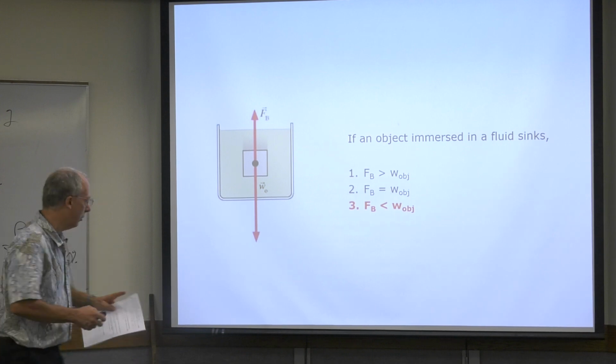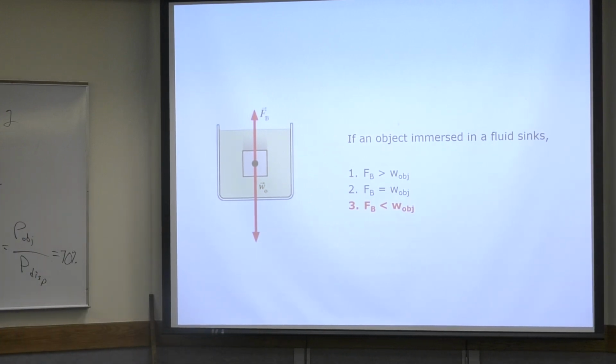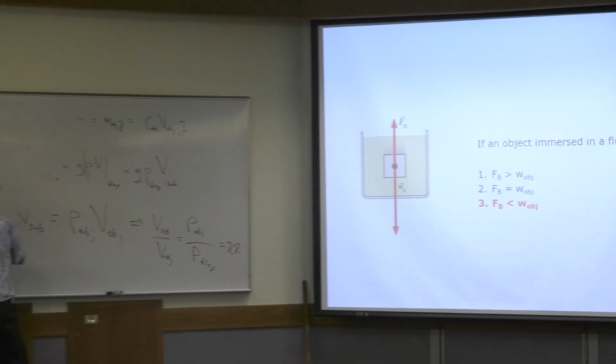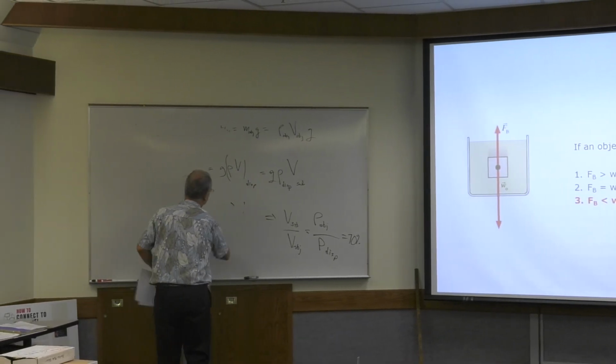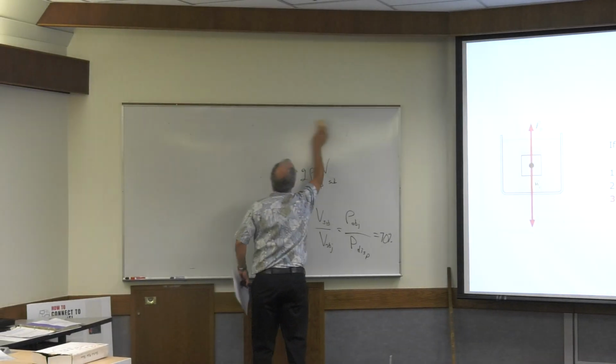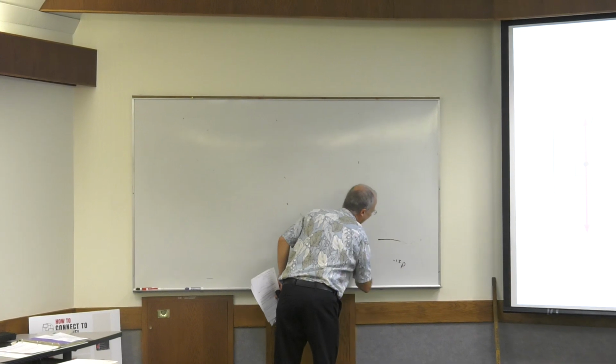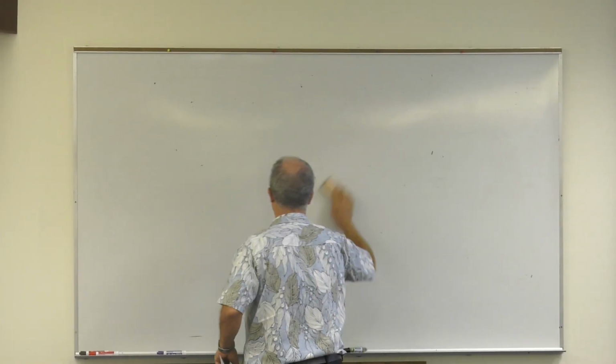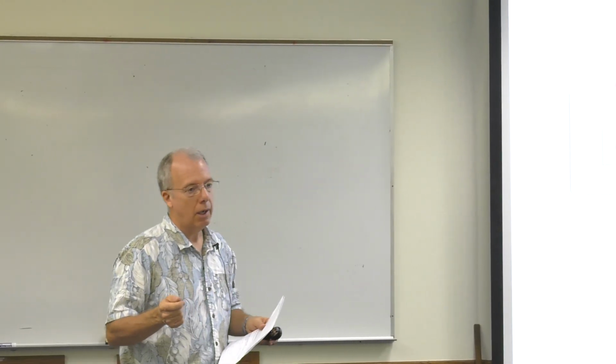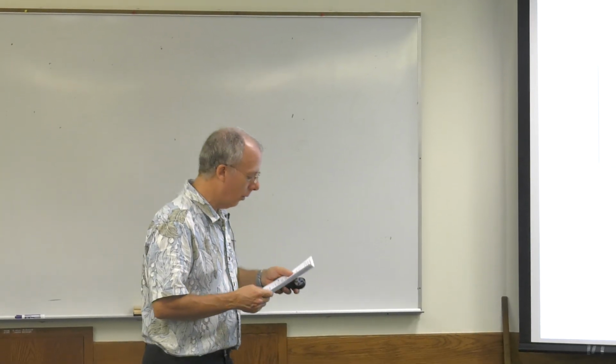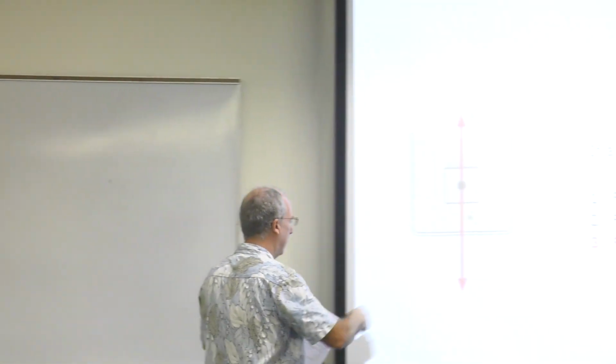Now we want to talk about floating, submerging, sinking, all that kind of stuff. Whether an object floats or sinks depends on the density of the object and the density of the fluid. Okay, let's do this one.